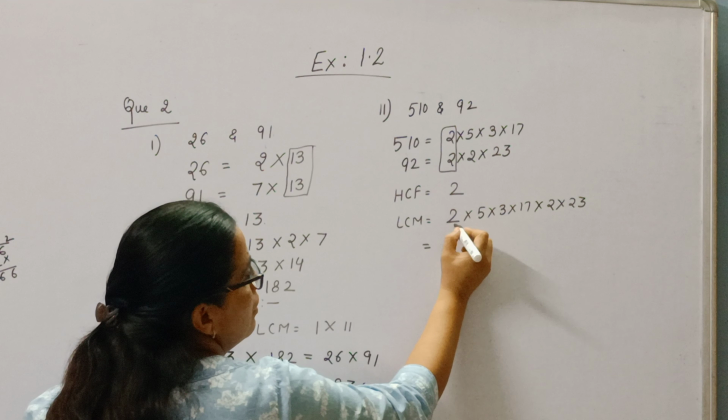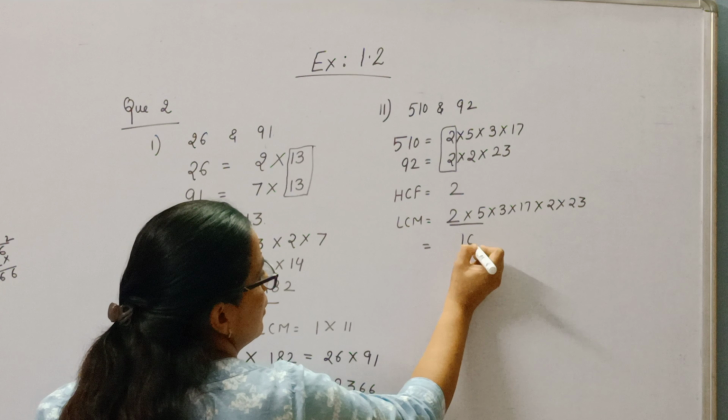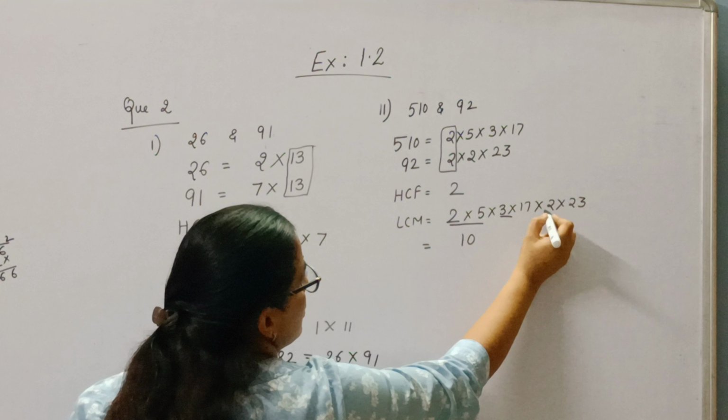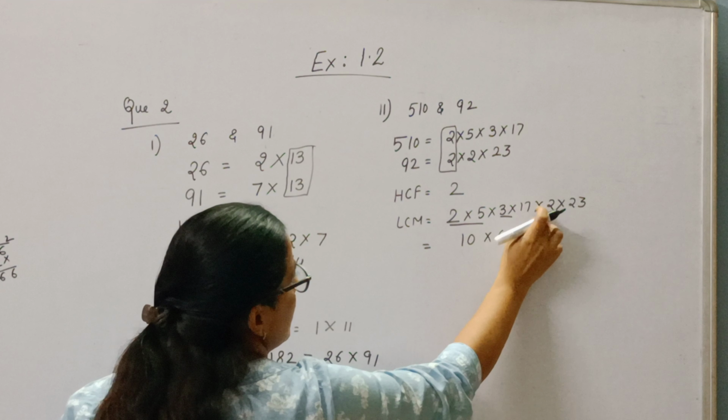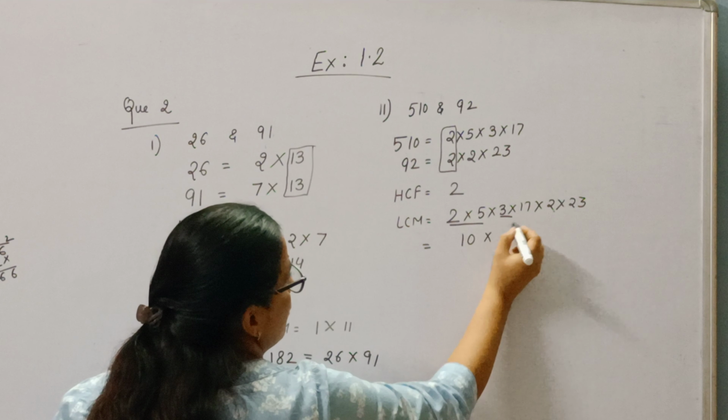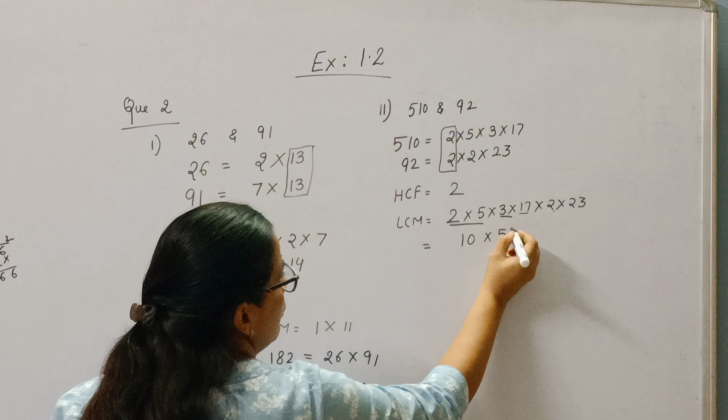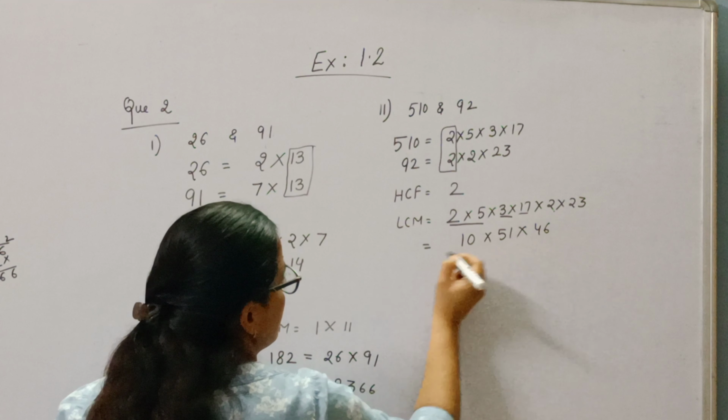Now, 5 2s are 10. 3 2s are 6. Or you can say 17 3s are 51 into 46.